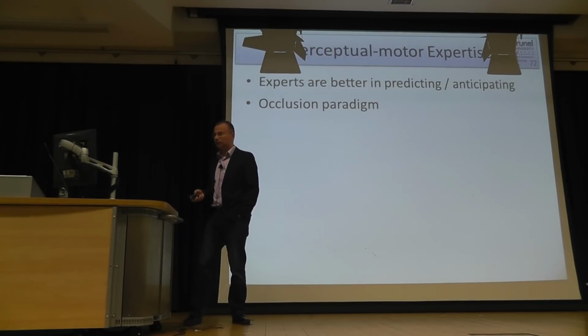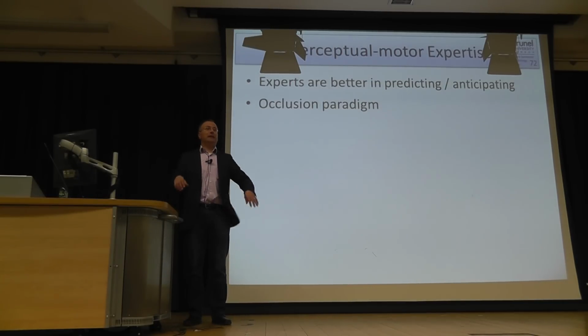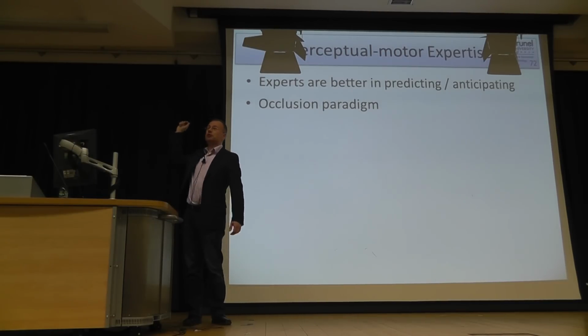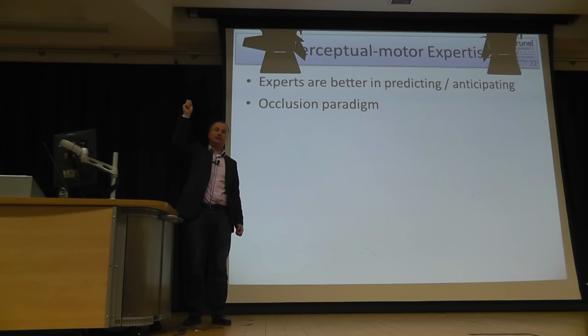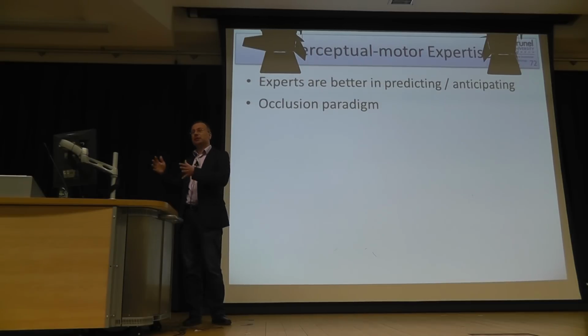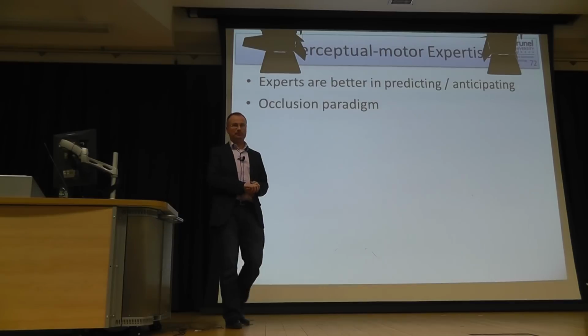So what you basically do is you create a video clip of a tennis serve. You film somebody, and then you stop the video clip at the point where the racket hits the ball. And then you ask novices, beginners, and experts to predict where the ball is going to land.